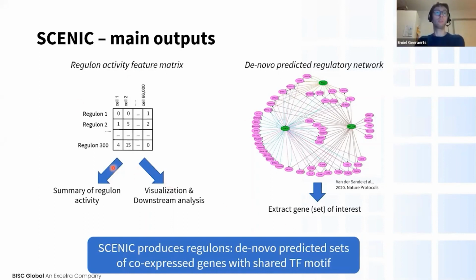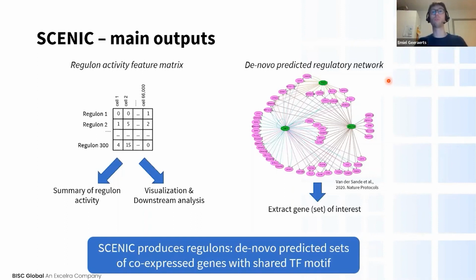In addition, apart from this regulon activity matrix, it also provides you with a de novo predicted regulatory network. De novo, because remember, your co-regulated genes are really created based on the data you put in and nothing else. So it's just based on your expression matrix. So you know it's specific for your animal, for your species, for your cell type.